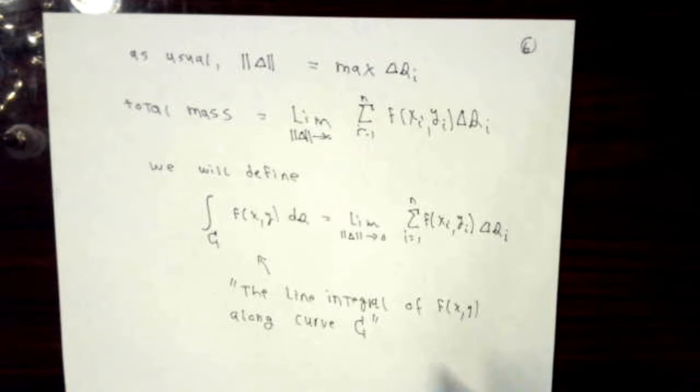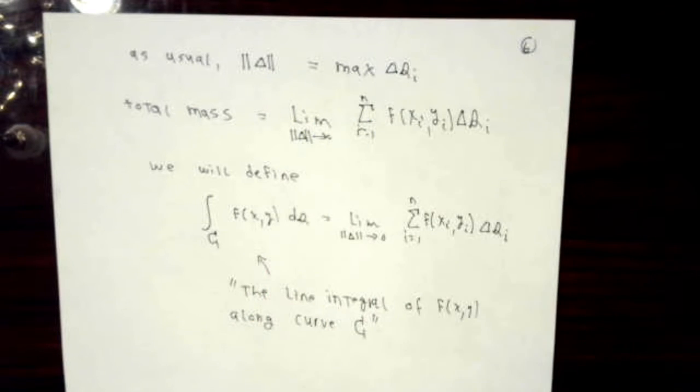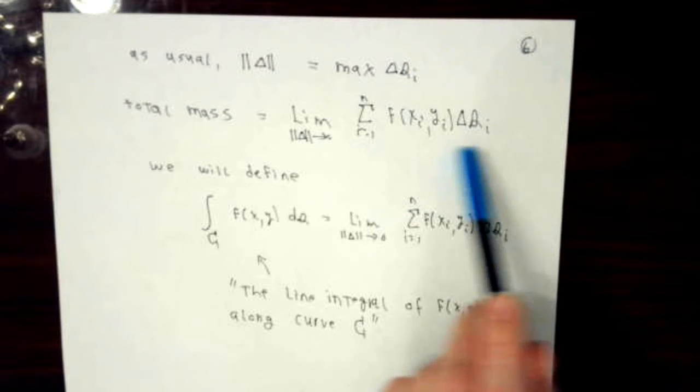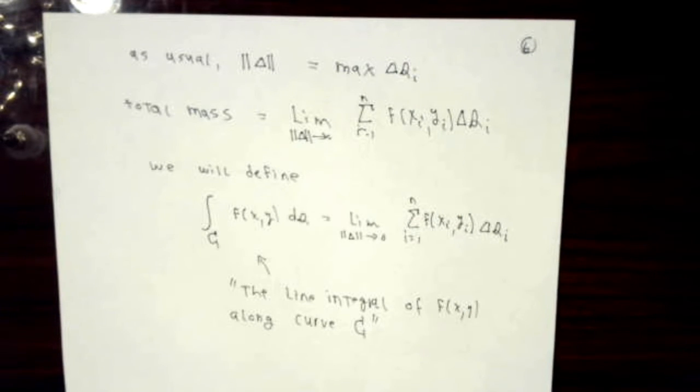As usual, then, I'm going to let the norm of the partition be the biggest arc length amongst all the subdivisions. The total mass is going to approximately be the sum of our approximate masses. I need to sum up these quantities and take the limit as the norm of the partition tends to 0. This is the same game we've played quite a few times already.